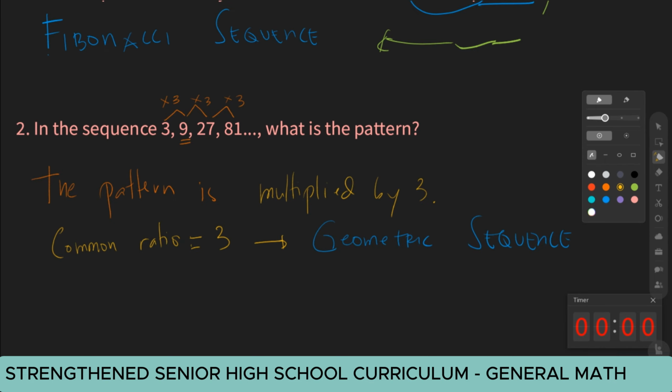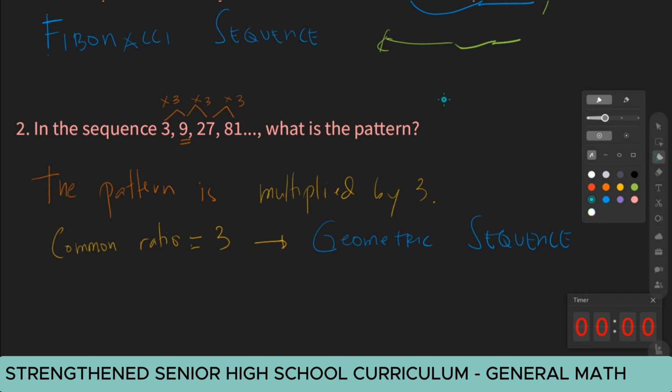I'm going to teach you how to use a formula regarding common ratio and common difference. Imagine we don't know yet the common ratio, but we know that it's a geometric sequence.